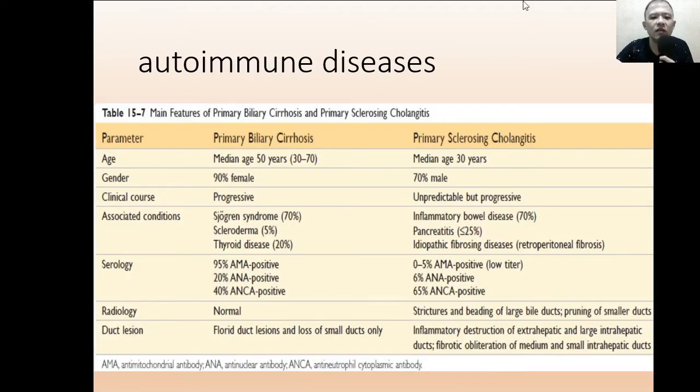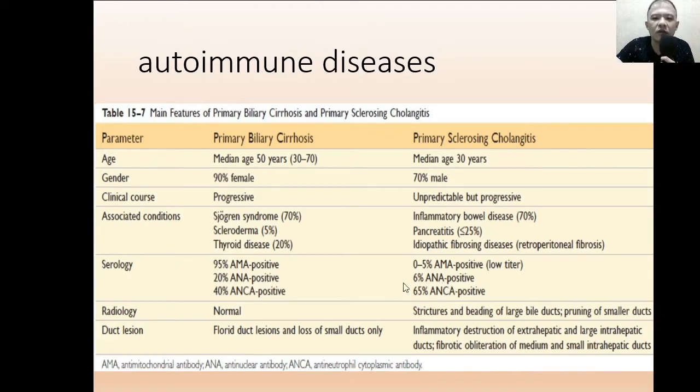So this is a table comparing primary biliary cirrhosis and primary sclerosing cholangitis. If you observe, the associated conditions here are different. Majority Sjögren's syndrome. For here you have inflammatory bowel diseases, particularly ulcerative colitis. Serology, majority is anti-mitochondrial antibody positive.